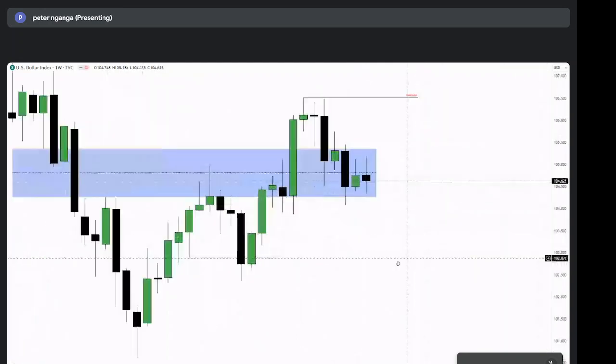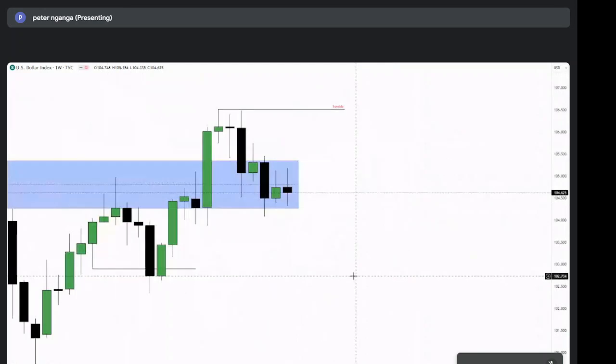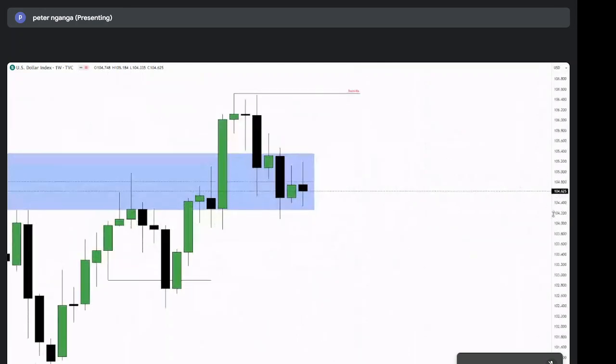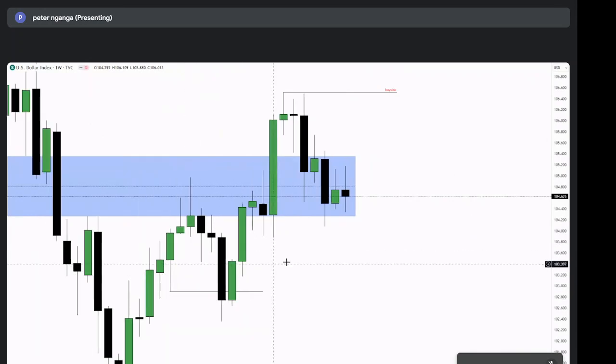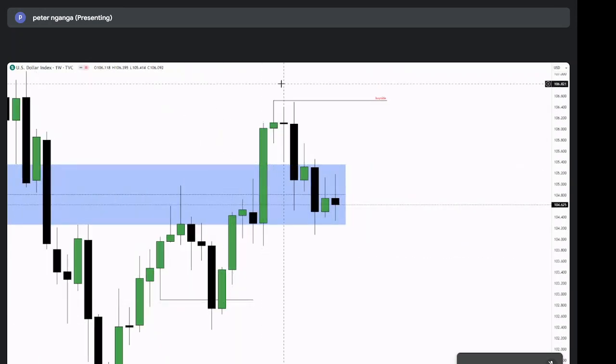So now, this weekly chart, I will be focusing on this price action right here. This is the time that we did liquidate on the lower end of that previous month and how we moved above the imbalance.